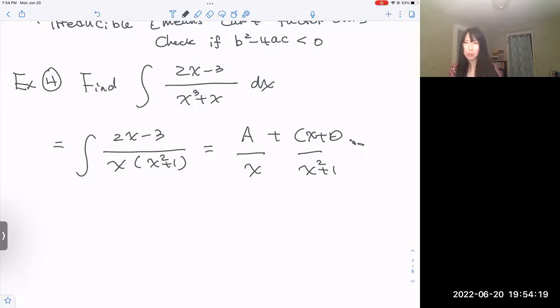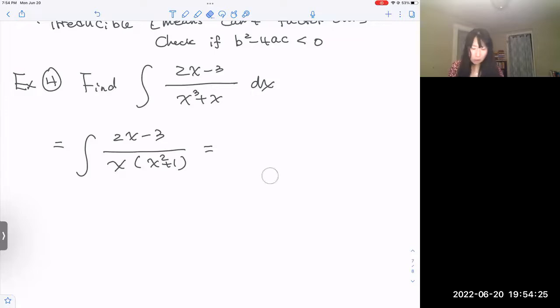So we're gonna use ax plus b as a linear, and the denominator has x squared plus 1, the quadratic, and plus c over x. So the denominator is linear, so we are using a constant term, okay?